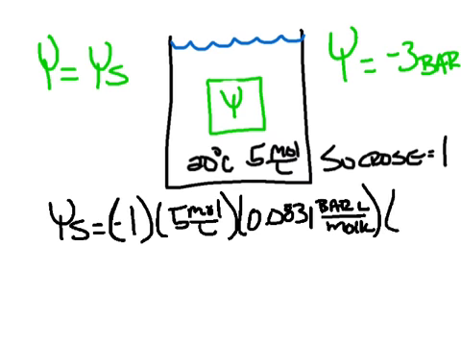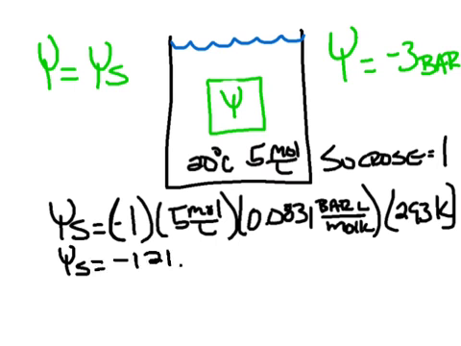And then our temperature, which is going to be 293 Kelvin. When I calculate this, I get that the solute potential is equal to -121.74 bars. That's very, very high, or very, very low, sorry.